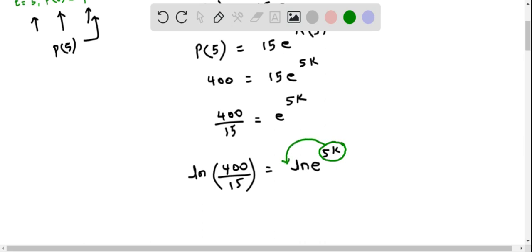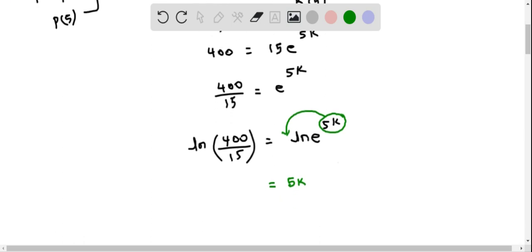That is, it gets multiplied with this natural logarithm of e. So in the next step, we can write the right side expression as 5k times the natural logarithm of e. We must know that the natural logarithm of e equals 1, and this means we can take this off from the equation, so we are just left with 5k on the right side.